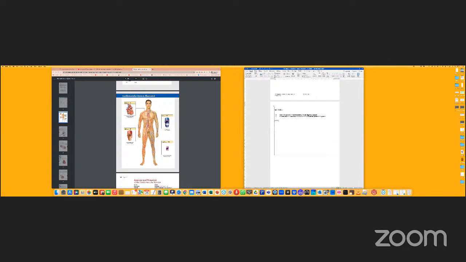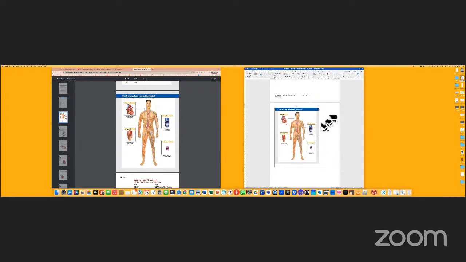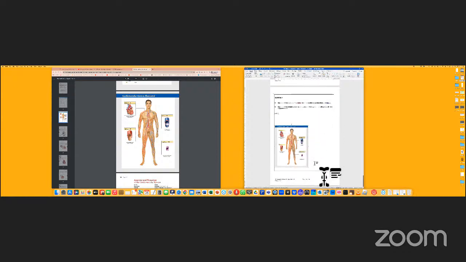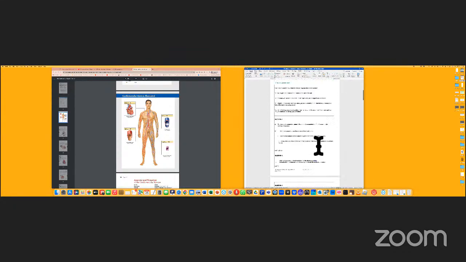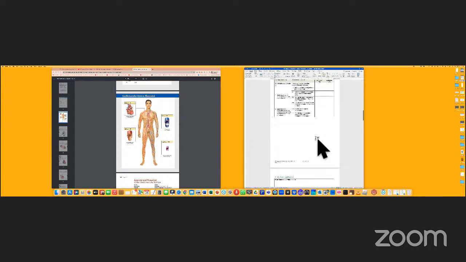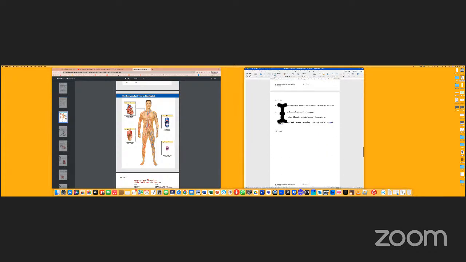In terms of the digestive system or cardiovascular system, I will start by inserting a diagram like this, make it slightly smaller, and then start writing in terms of explaining the digestive system. So it would not disturb the formatting of your document, but at the same time allow you to put the questions down in a very clear way.